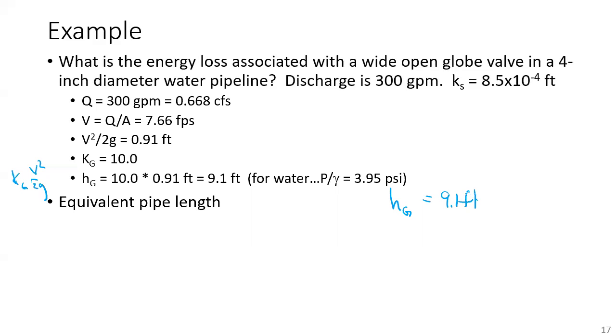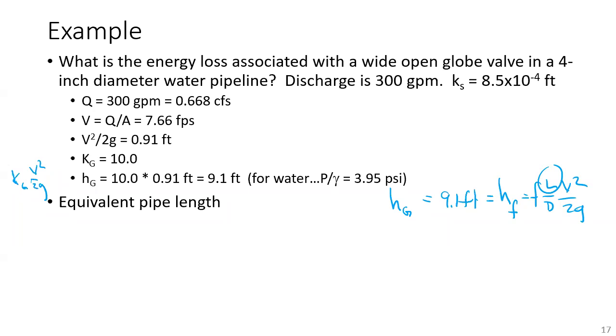And you can see I also converted that to 3.95 PSI. What we're going to do is say, if that was due to just friction, what would be the length of pipe that would cause that amount of friction loss?